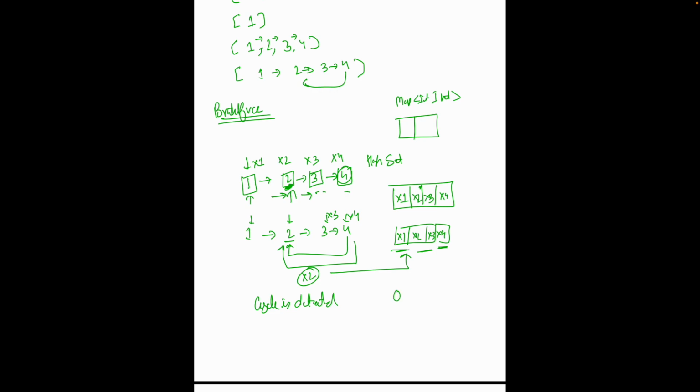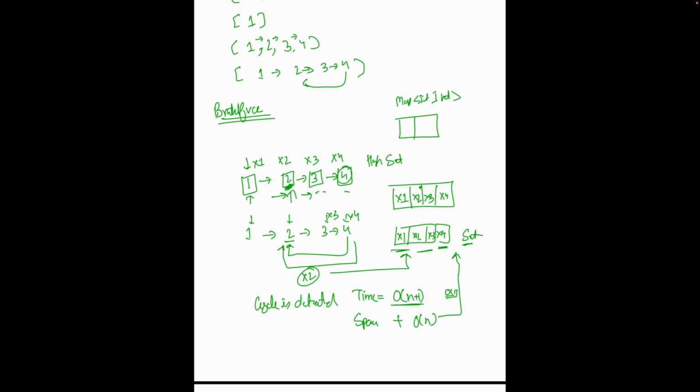Now the time complexity will be big O of n, and the space complexity will be big O of n in the worst case, because we are using a hash set, and hash set insert and find are big O of 1, so we don't have to worry about that.